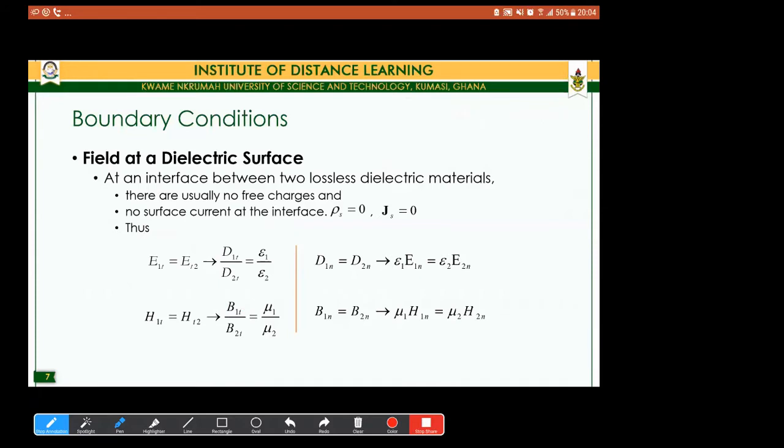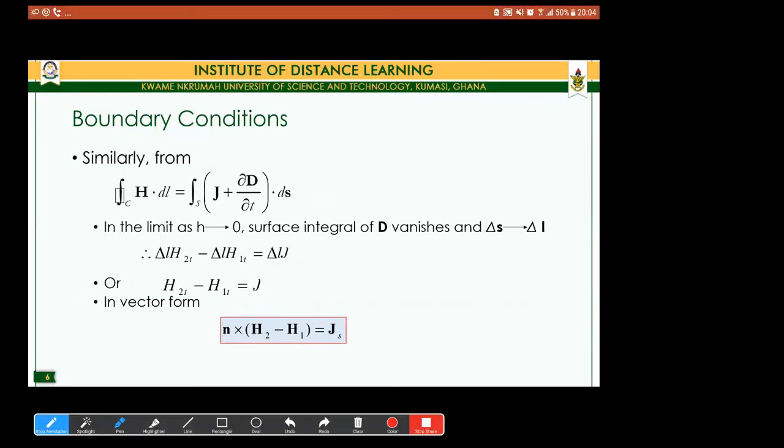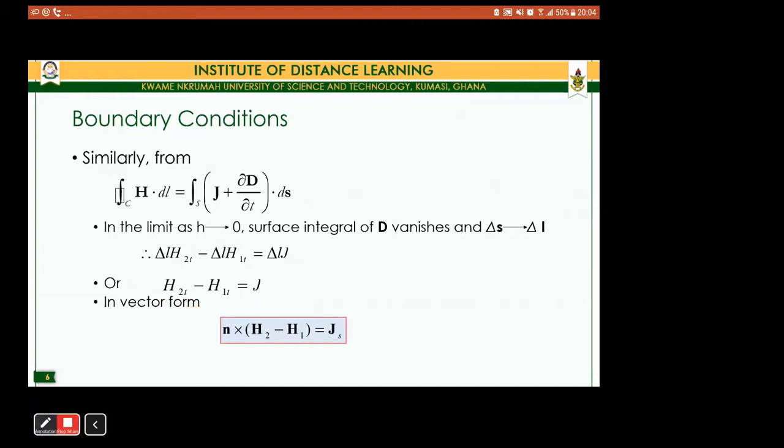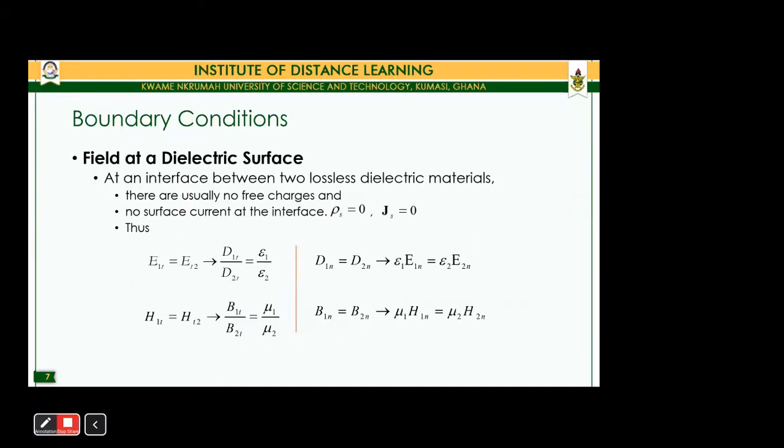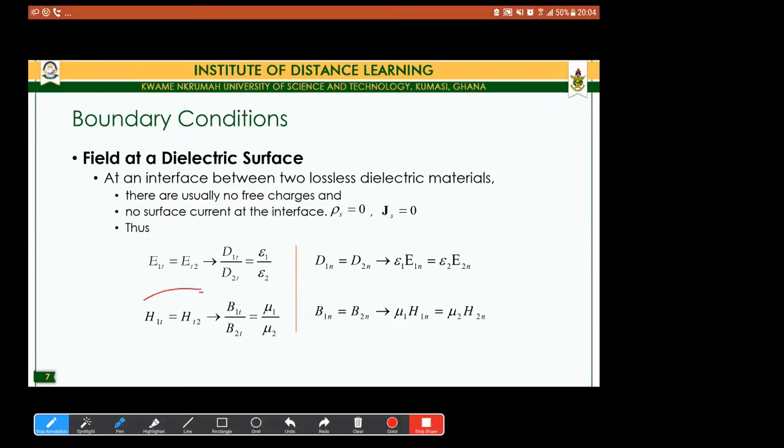Similarly, for H, H2 tangential minus H1 tangential equals Js. But since there is no surface current density, Js equals 0, then H1 tangential must be equal to H2 tangential.